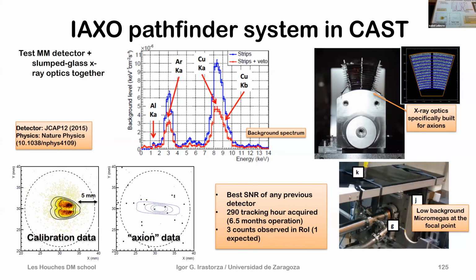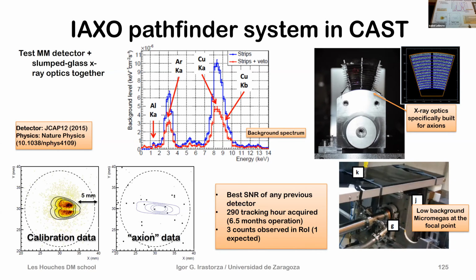This is our detector, which is placed at the focal spot, and it's pixelated, so you can see what's happening in the detector. You put an X-ray source far at the other end of the magnet, so you calibrate both the optics and the detector. This beam of photons is concentrated by the optics, and they arrive at the detector, and you get this type of map. This is something very small, 5 millimeters.